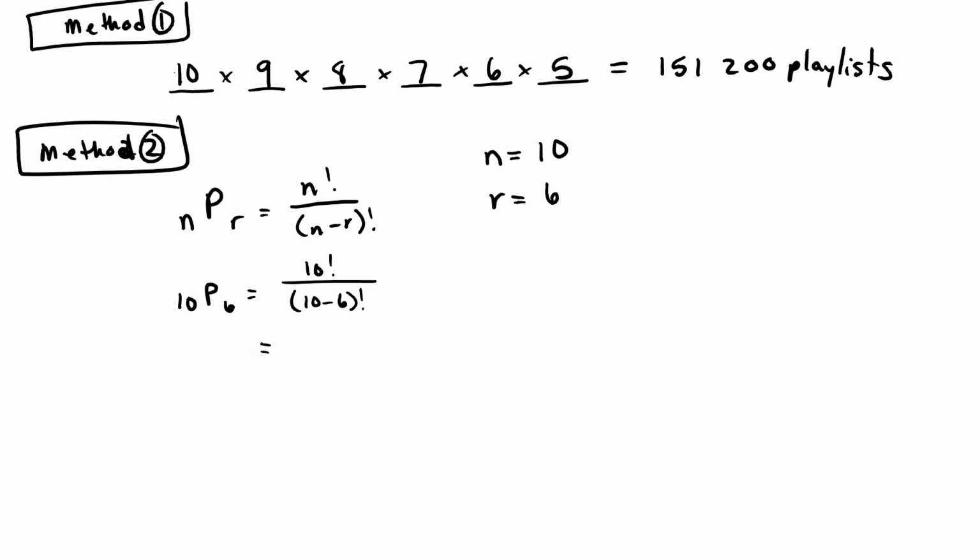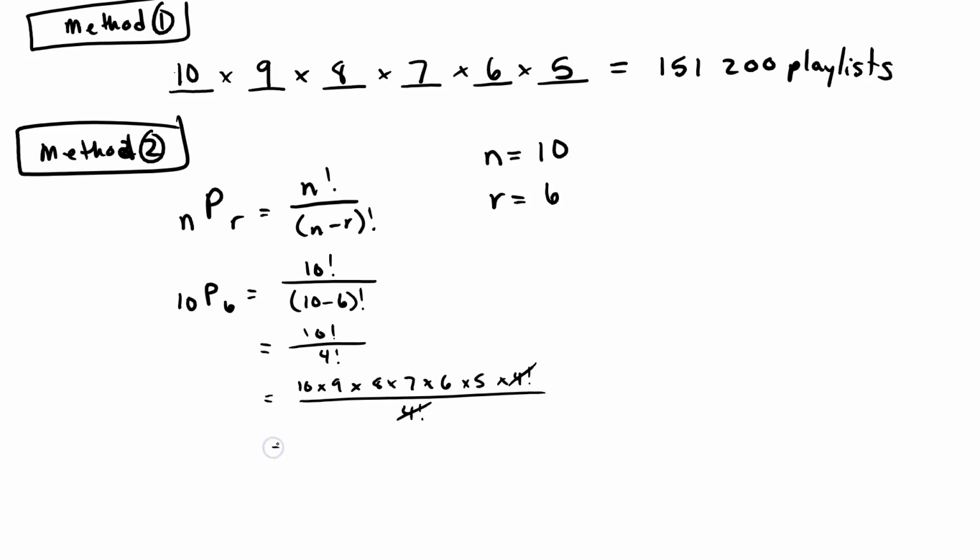I get 10 times 9 times 8 times 7. Actually, I'm going to not skip this step here. I'm going to get 10 factorial over 4 factorial. I can go 10 times 9 times 8 times 7 times 6 times 5 times 4 factorial, because I can cancel with 4 factorial in the bottom.